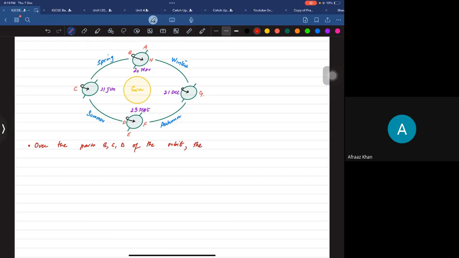You might see that the northern hemisphere is tilted towards the sun.